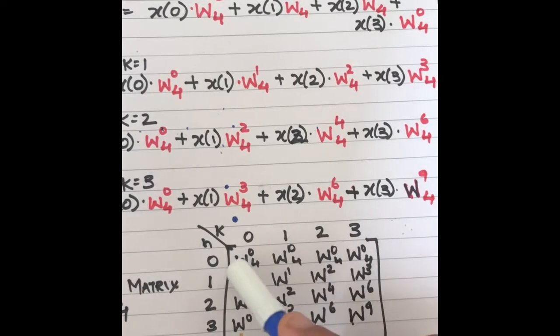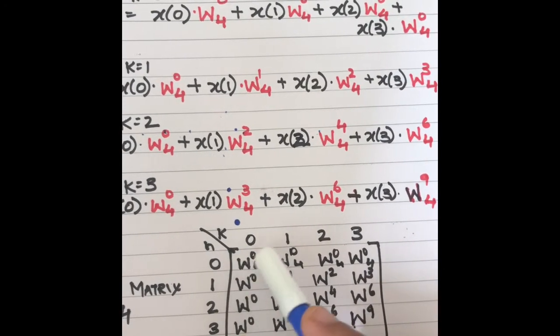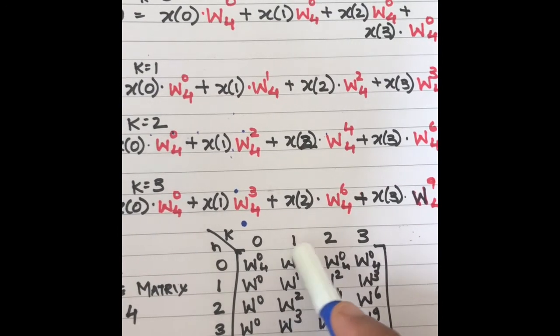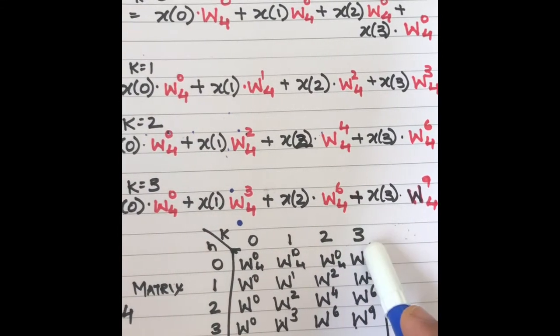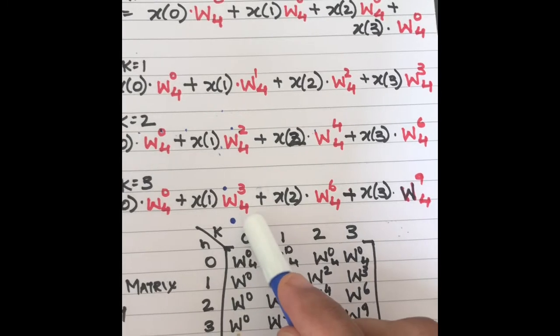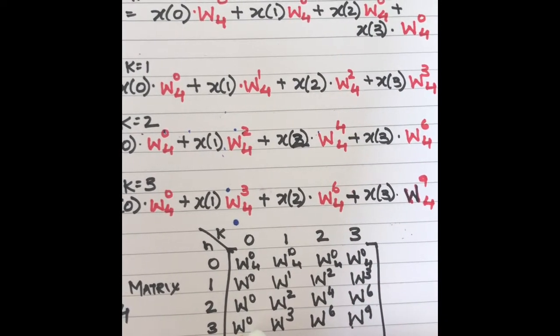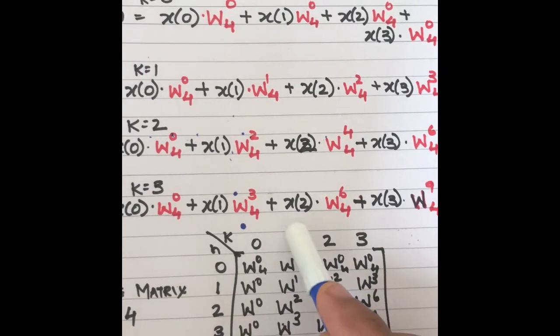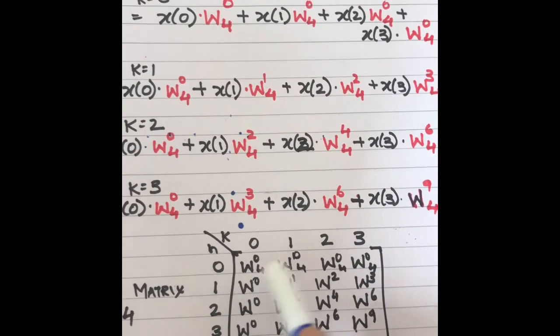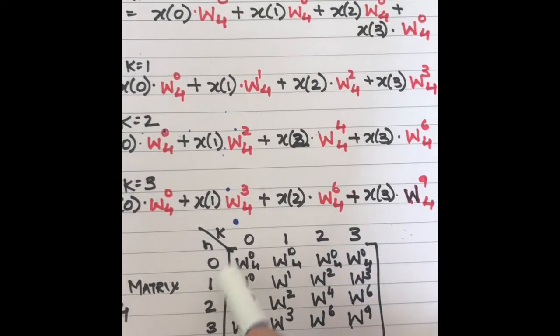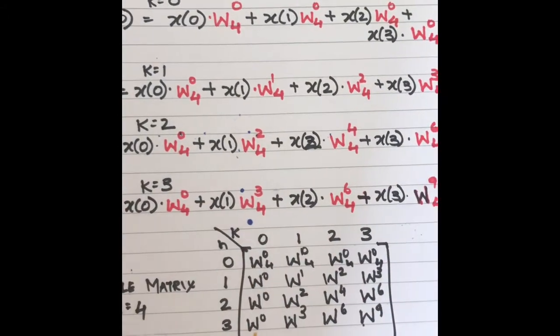W04, W04, for in the first row n is 0. So the product nk will be 0. It will be W04 throughout. In the first column k is 0. So it will be W04. Then 1 into 1, 1. So W14. 1 into 2, 2. So W24. Likewise, I have filled up the entire matrix.